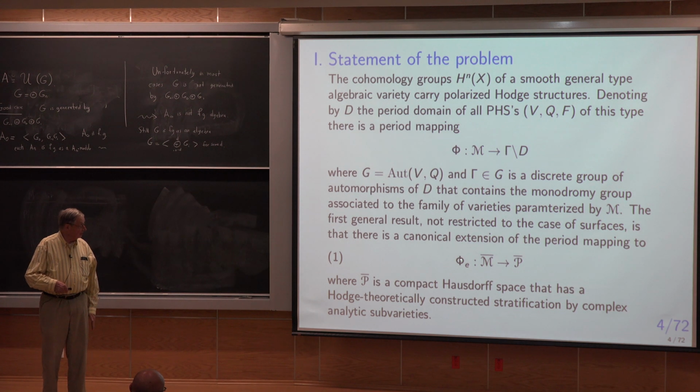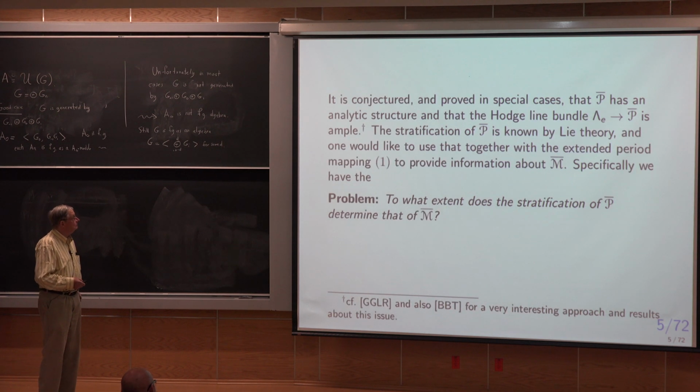So here there's a canonical extension to the compactified moduli space. This is not yet proved to be what you expect it to be, a projective variety, but it has all the properties, as far as this problem goes, that one needs.